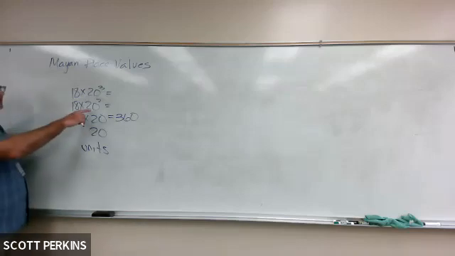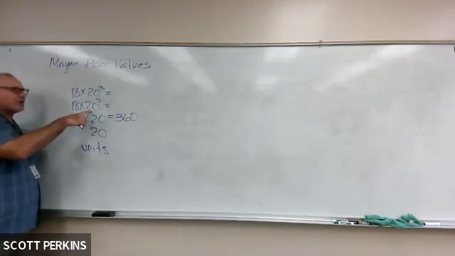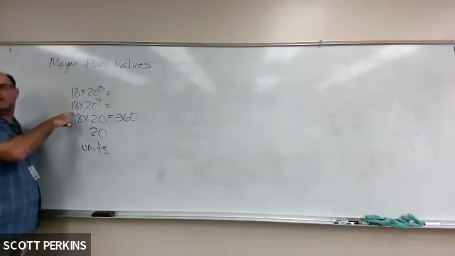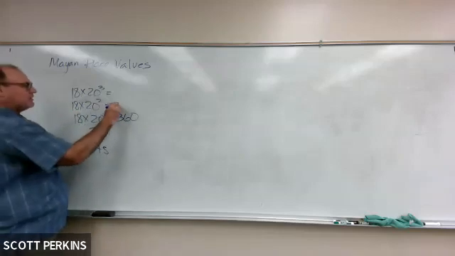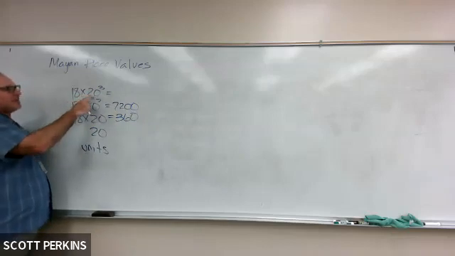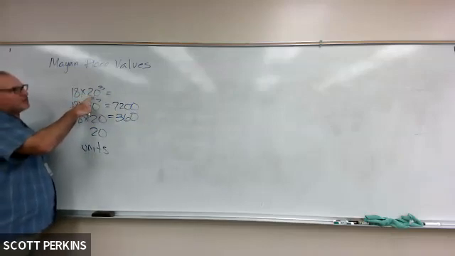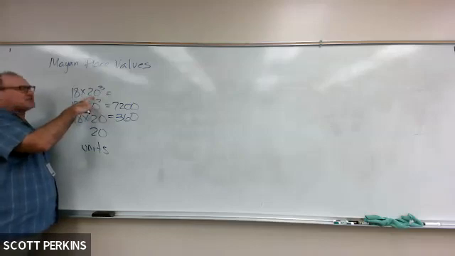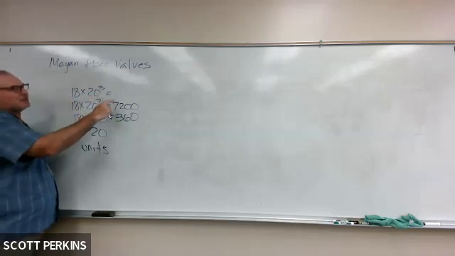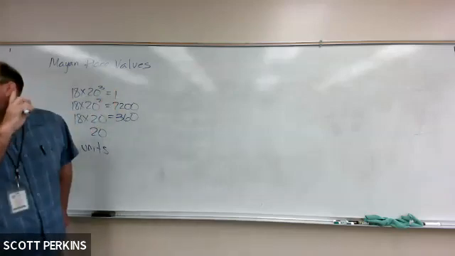So what's 20 squared? 20 times 20 is 400. Times 18 turns out to be, anybody have their calculator handy? 7,200. I'm just doing this for our groupings later. 20 to the third power, so that's 400 times 20, so that's 8,000. So 8,000 times 18 is going to be 100 what?